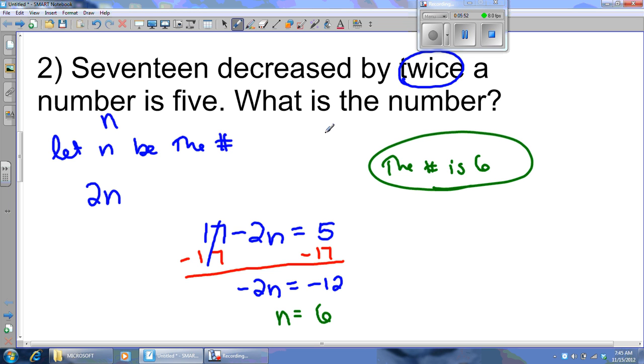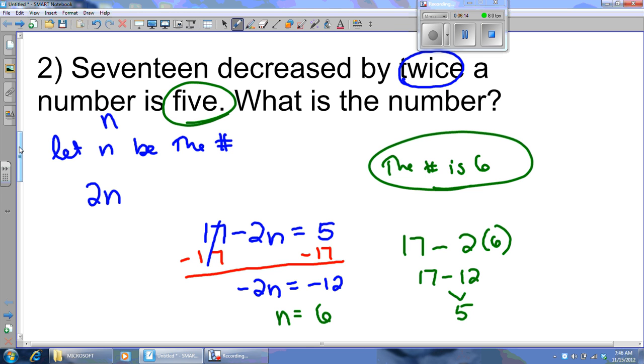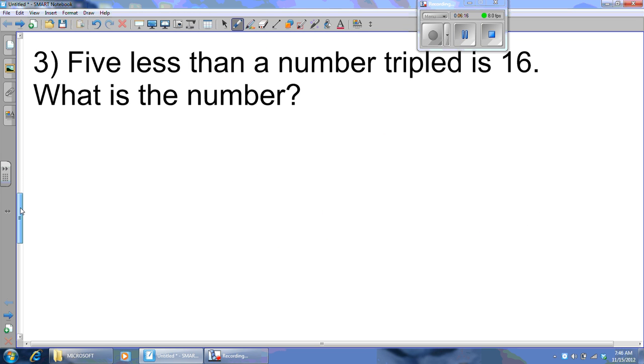Uh-oh, something's not right. 17 decreased by twice the number. Oh yeah, I'm going to be okay. Well, I need 17 minus 2 times 6. So I get 17 minus 12, which is 5, and that's what it's supposed to be. I did it correctly.